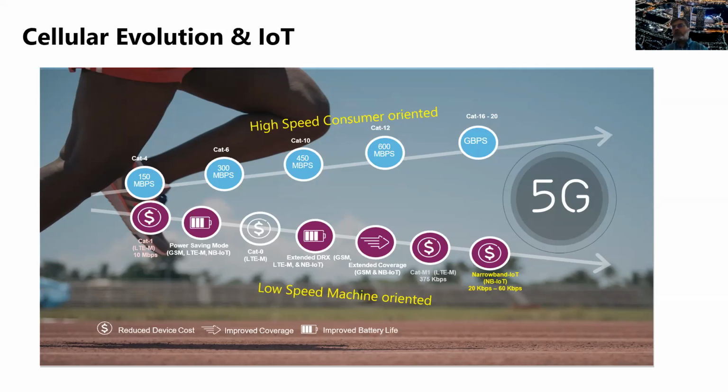The technologies also aid improved coverage because they provide some inherent capabilities, which we will touch upon, which give you better coverage for industrial applications, for remote devices to be able to send data and things like that. Improved battery life, although truth to be told, I'm as skeptical as most of you.